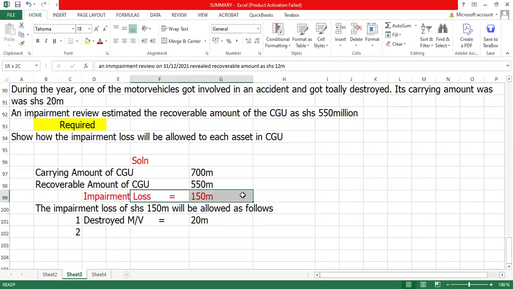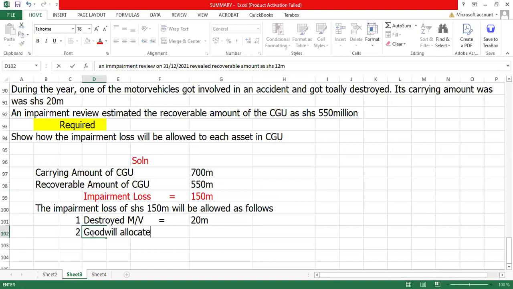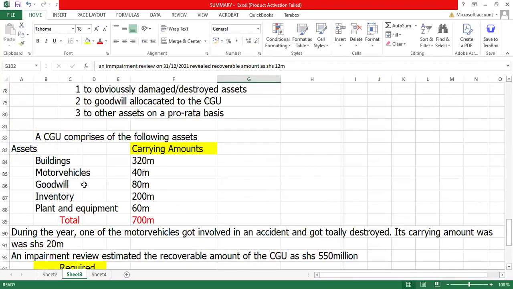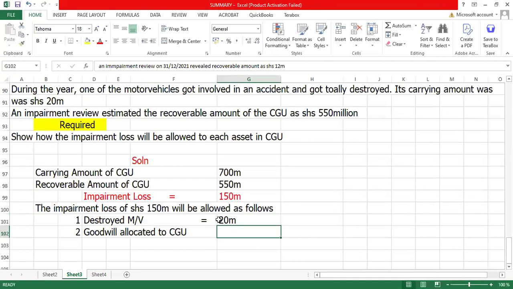Now you're left with 130. Then next, you allocate to the goodwill allocated to this CGU, which is 80. So you put 80 here.